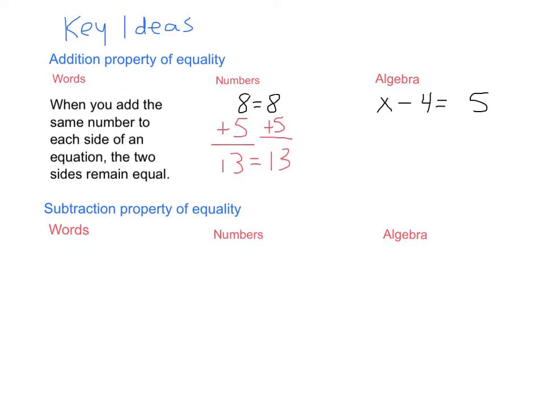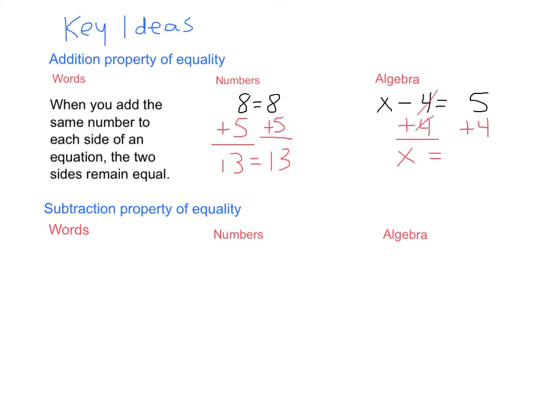When I look at it algebraically, I have the same thing. I have an equation where it says x minus 4 equals 5. If I were to add 4 to this side and add 4 to that side, I should be coming out with the same amount. Negative 4 plus 4 leaves me with just x, because those two cancel each other out.